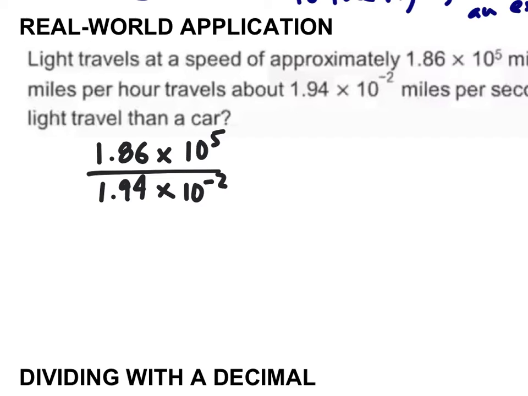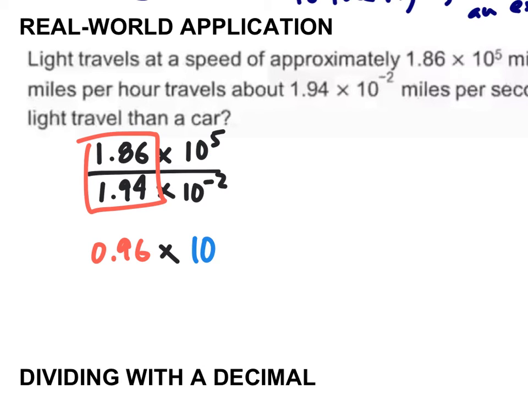When I divide these numbers, I'm going to divide 1.86 by 1.94, and that's going to give me a value of 0.96. Then, if I'm dividing my tens with exponents, I've got to subtract my exponents.